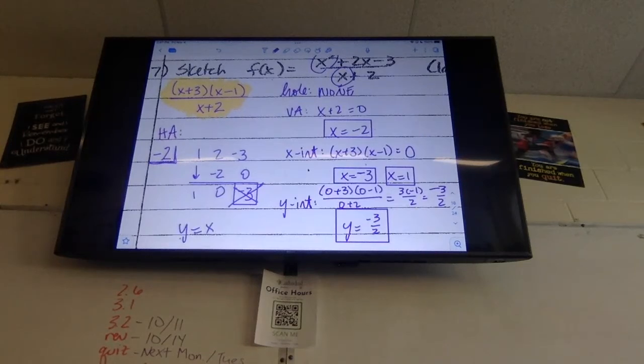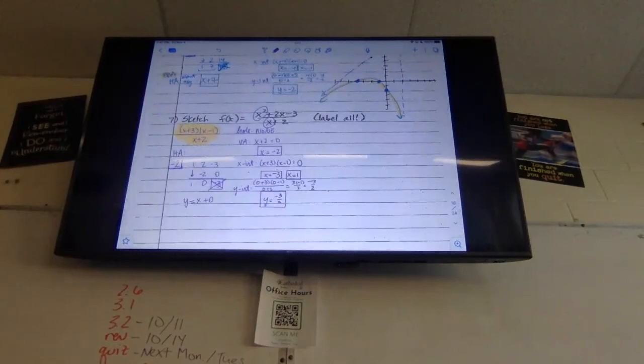It's just x. This equation is y equals x. You can think of it as y equals x plus 0. 0 is my y-intercept, so I'm going to go through the origin, and my slope is just 1. So I'm just going to go up 1, over 1, up 1, over 1, up 1, over 1. So I'm going to graph that. I'm going to graph all my other pieces, and we're going to see what happens.